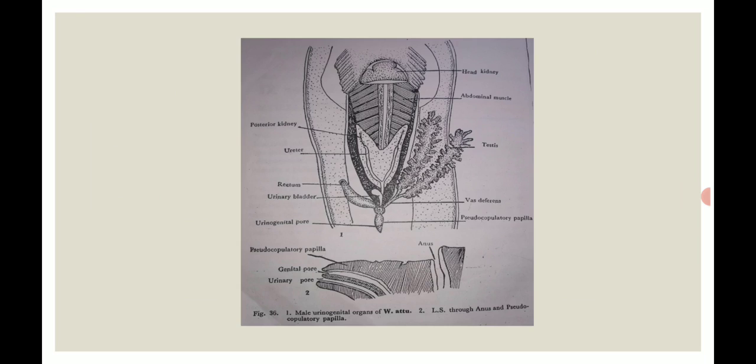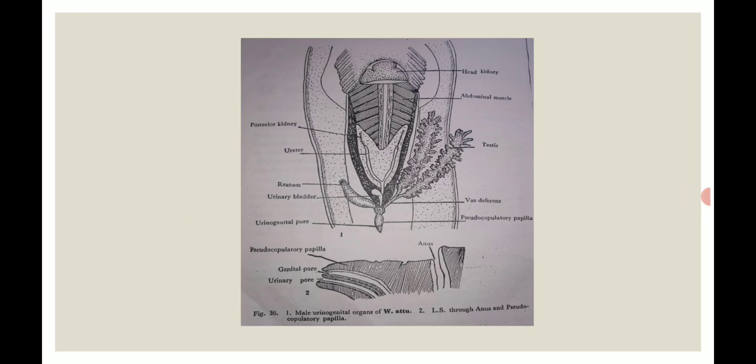These kidneys are present in paired form, with the head kidney as well as the posterior kidney. Below the head kidney there are abdominal muscles, and below those abdominal muscles the posterior kidney is present. The testes, the male reproductive organs, are in paired form.